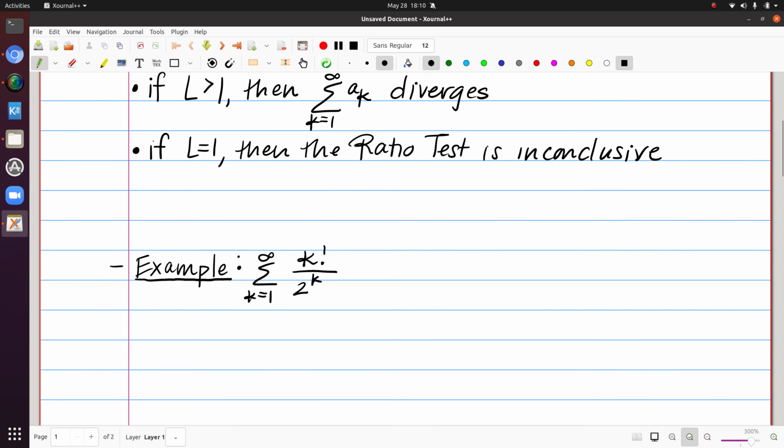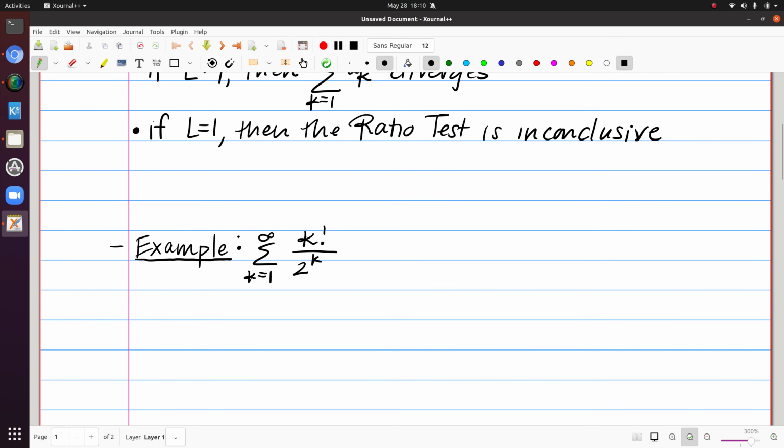So given that I know I want to use the ratio test here, let's think about how we would do that. First of all, I want to just refresh you on factorial. So if I have, for instance, 5 factorial, that's saying we take 5 times 4 times 3 times 2 times 1, and we stop there.